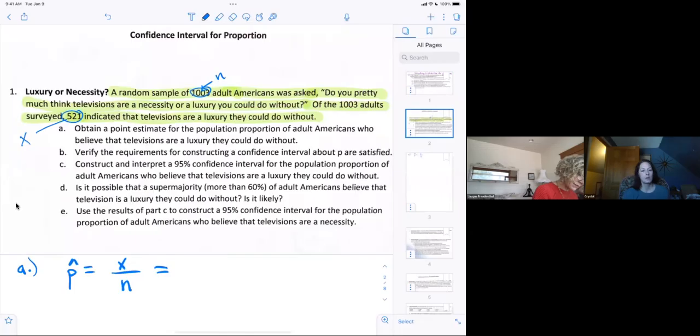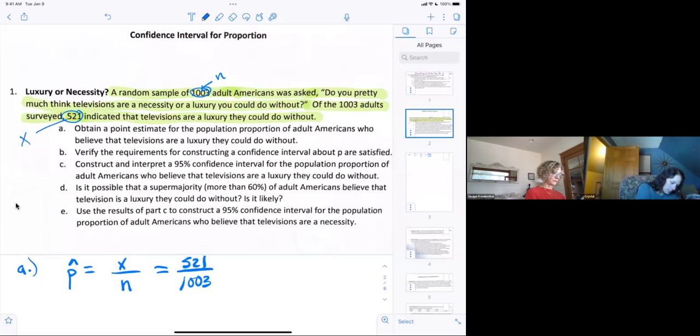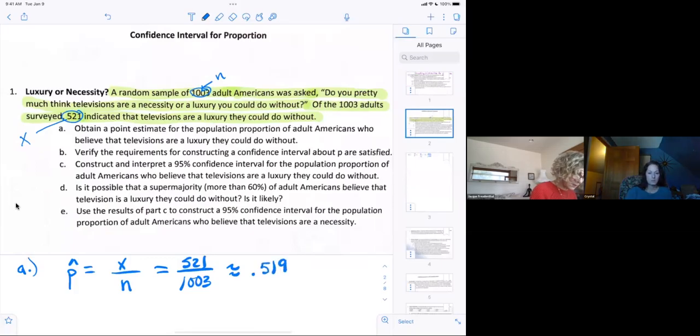So for p hat, we would get 521 divided by 1003, and we would get approximately 0.519. I'm just going to round it to 3 decimal places for the purposes of this assignment. So we have my point estimate.